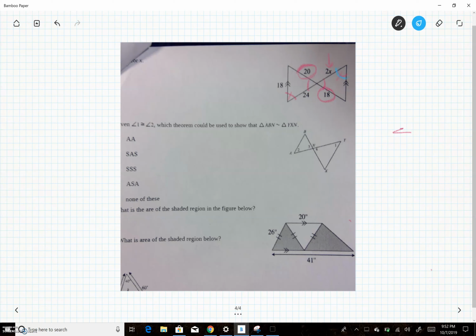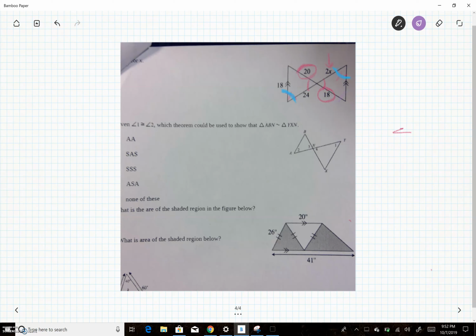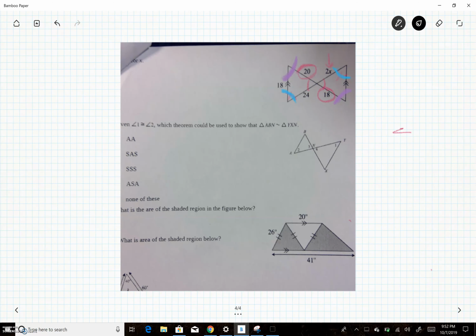This angle corresponds to this angle. And purple. This angle, oh, it's hard to see, corresponds to this angle. It looks like eyeshadow. Okay. So because that's the way they correspond to each other, 20 is in between pink and purple, and 18 is also in between pink and purple.